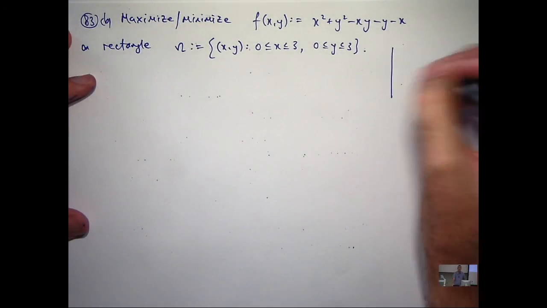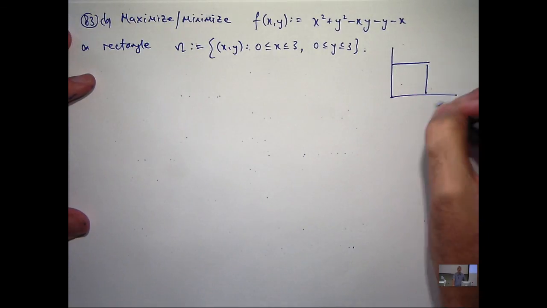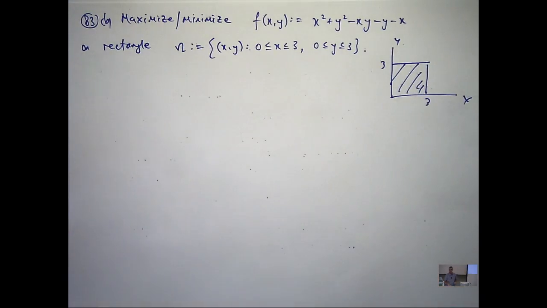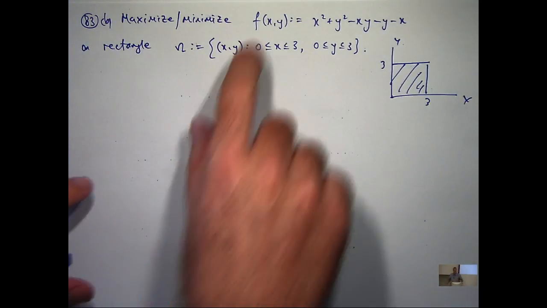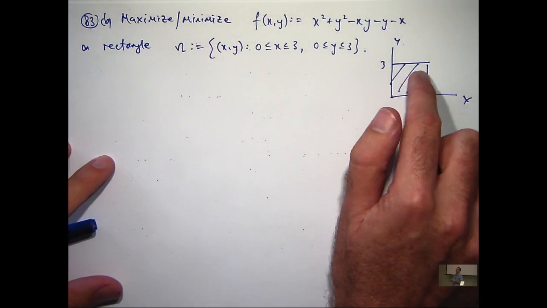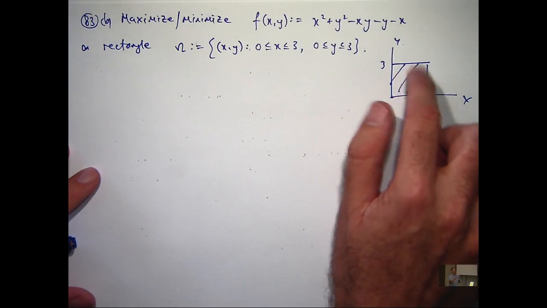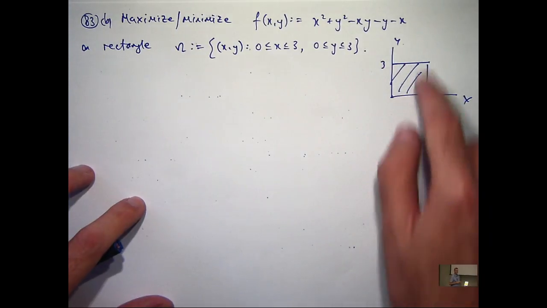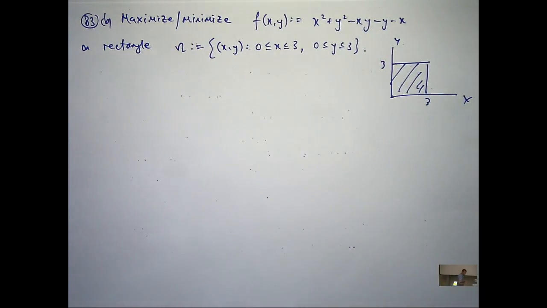Think of this as the domain of this function. It's a rectangle. You were right when you said let's look for critical points, but there's another element to this problem. The extreme values of our f occur either at critical points inside the rectangle, not on the edge, or they occur on the edge, along the boundary.